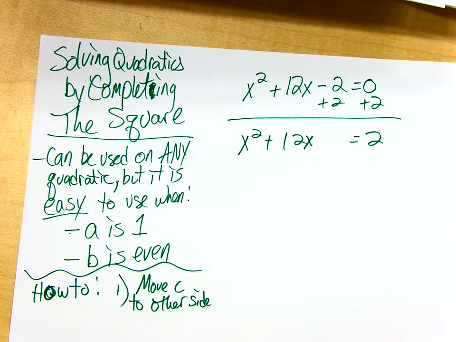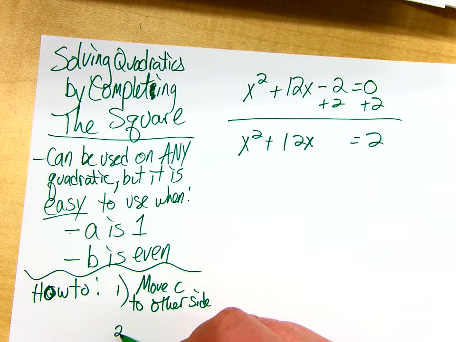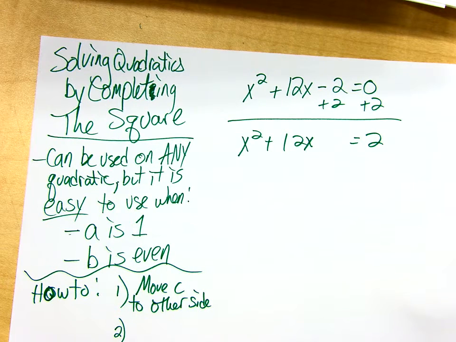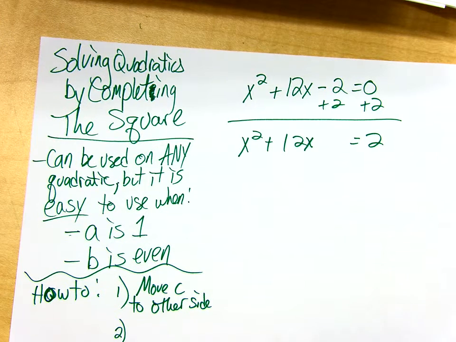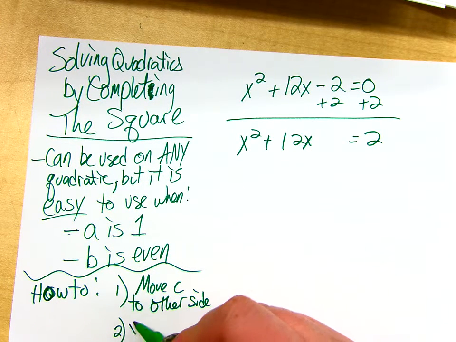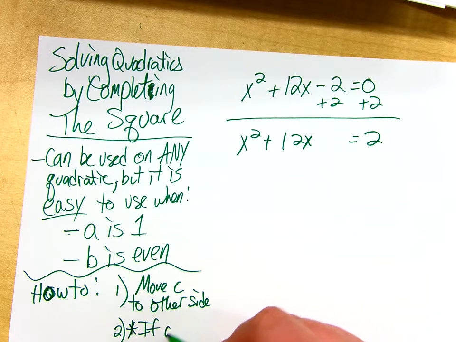Your second step. I'm going to put this in just so that you don't have to rewrite the directions when it gets hard. We don't have to do this step right now, but if a is not 1, you're going to have to divide every term by whatever a is. So we have to force a to be 1 if it's not. I'll just put a little star here.